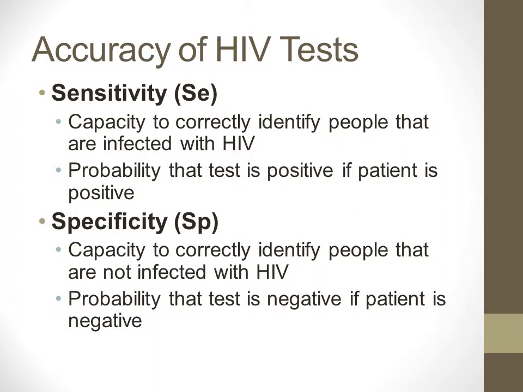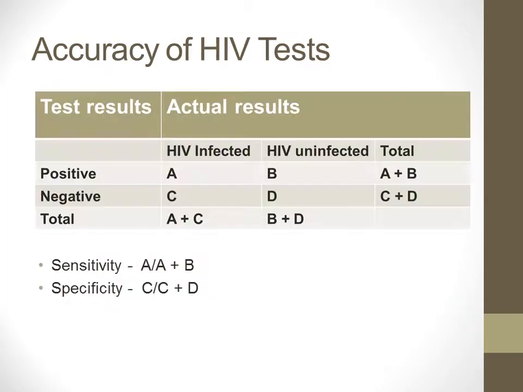These 2 measures are expressed in percentages, and the next slide will explain to us better how these things are measured. So let us say we have a group of patients, and their results are put in this table form. You have a table that tells you the test results, and the other side tells you what the actual situation with the patients is.